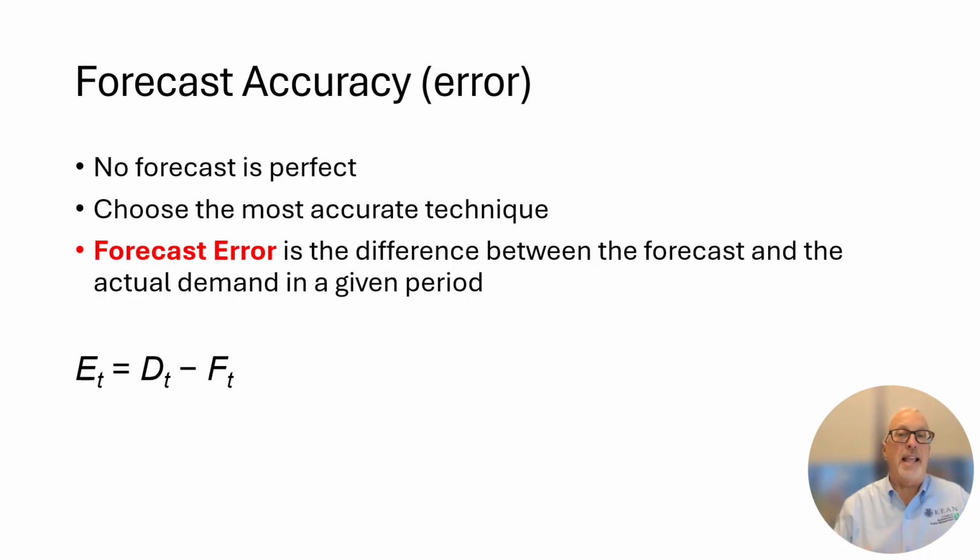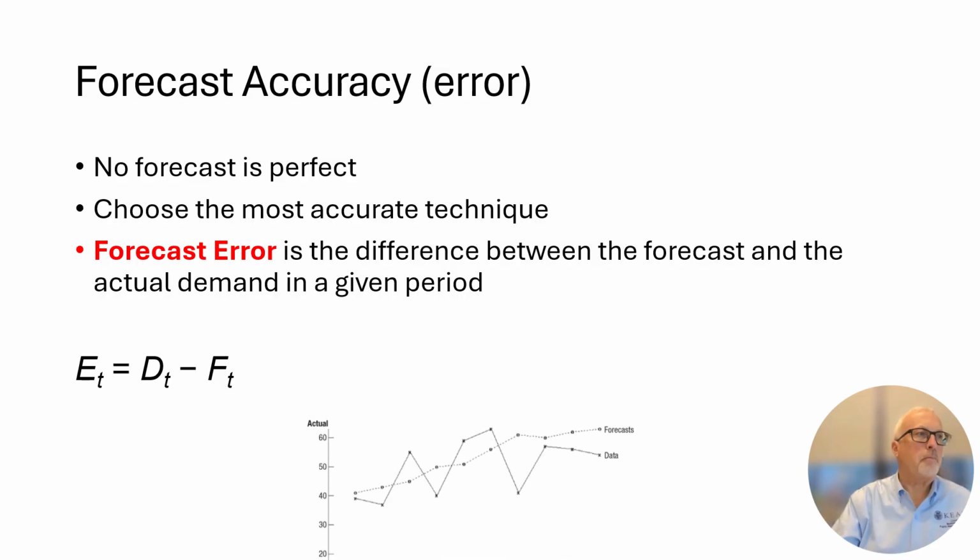So your error is negative 20, which means I overestimated by 20. It might be 20 positive, and that means that I underestimated by 20. So that error calculation is for a specific time period. Actual minus forecast. Always in that order, D minus F.